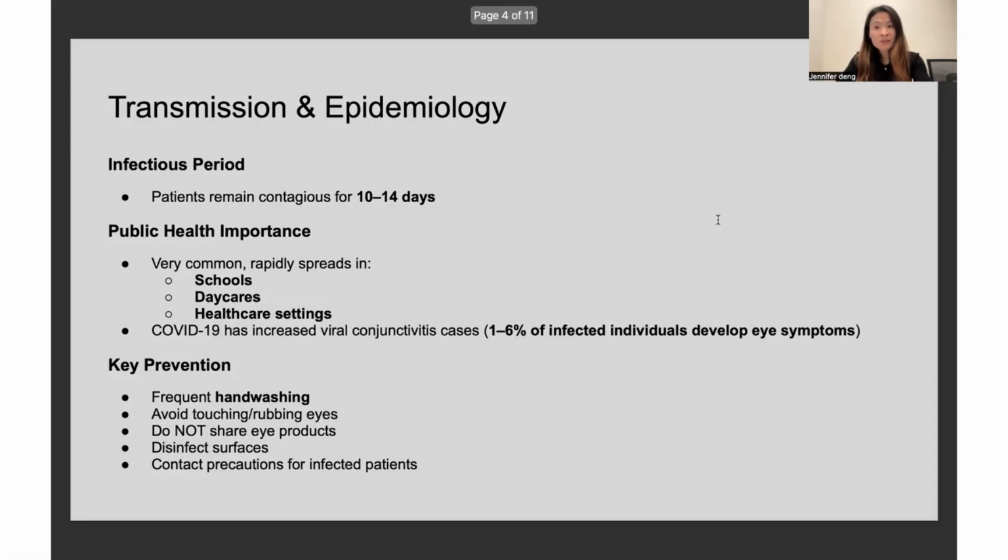So viral conjunctivitis became more common. Prevention focuses on good hygiene, frequent hand washing, avoiding touching the eyes, not sharing eye products, disinfecting surfaces, and using contact precautions when caring for infected patients.